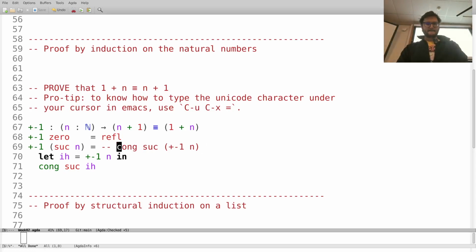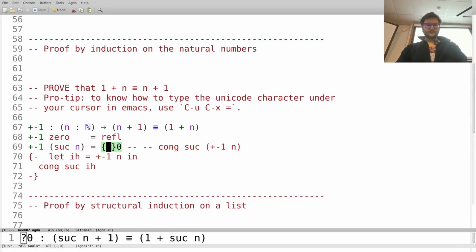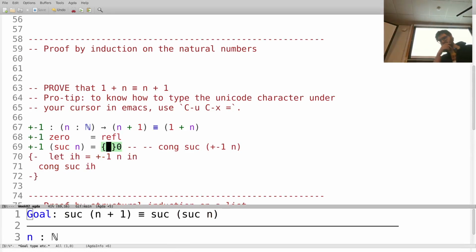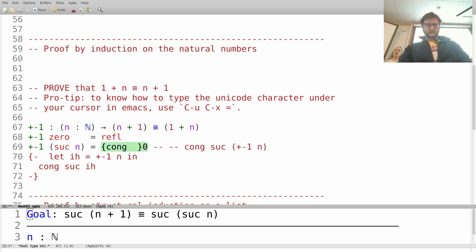That we got there in the step case, just doing a bit of thinking out loud, you can see once we've computed, we've got successor on both sides, and we're relieved to see that it's not some other constructor like 0. We've got matching constructors on both sides of an equation that we're trying to prove.